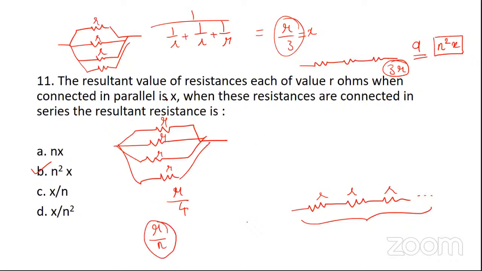Now in the question it is telling me that its value is x, so I have to substitute this value as x. Alright, now in the second part, these resistances are connected in series. So there are n number of resistors connected in series.